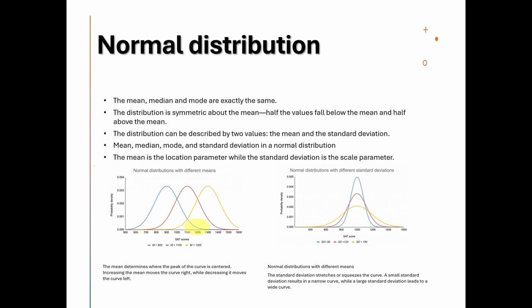You can see these are three distributions, and all three have mean, median, mode exactly at the same place. If a distribution is symmetric about the mean, half the values fall below the mean and half above. The distribution can be described by two values, the mean and standard deviation.